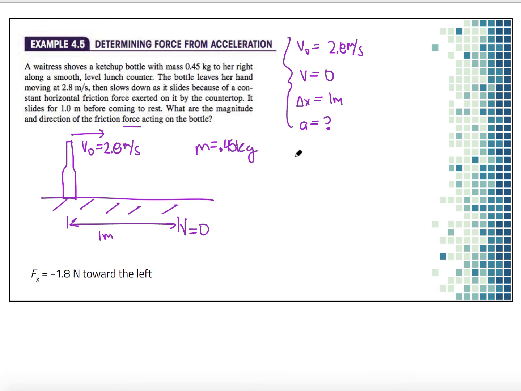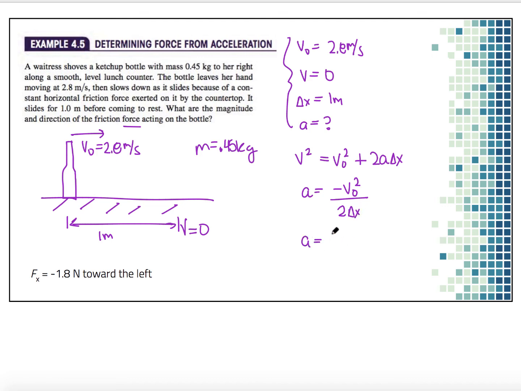So just like the previous problem, we have a kinematic equation that has all 4 of these variables, which is the third kinematic equation, v squared equals v naught squared plus 2a delta x. And so you can actually solve this again the exact same way, or you can look back at your previous problem to find that the acceleration would be equal to negative v naught squared over 2 times delta x.